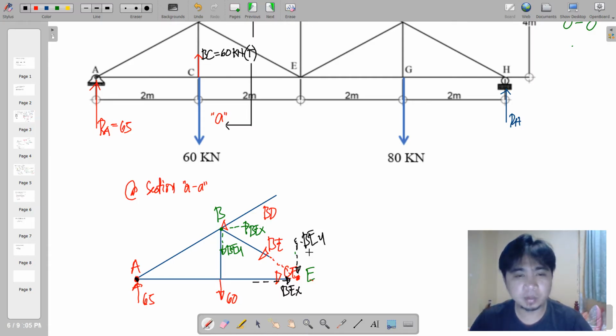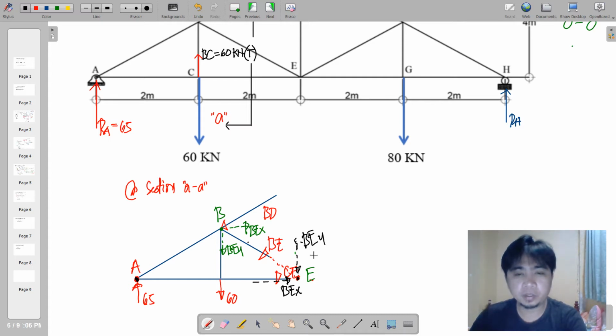That is why it is safe to say it is more convenient to resolve your BE at point E rather than point B. Anyway, you can do whatever you opt to, but for simplicity, I'm going to choose to resolve BE at point E.